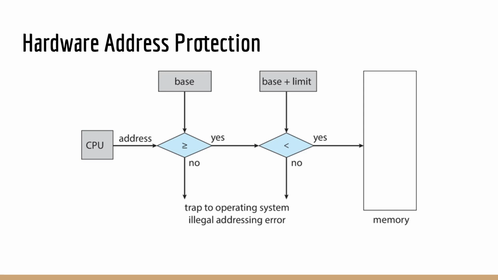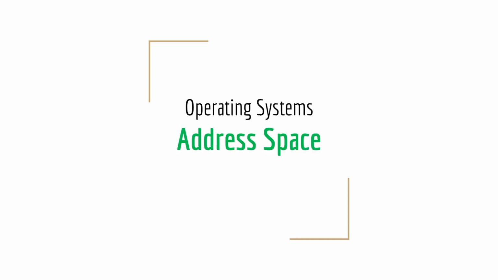However, if either check fails, it means the process is trying to access memory that it does not own. This will trigger a trap to the operating system, which treats it as a fatal error, often terminating the program. This mechanism effectively prevents a user program from modifying the operating system or other users' data.